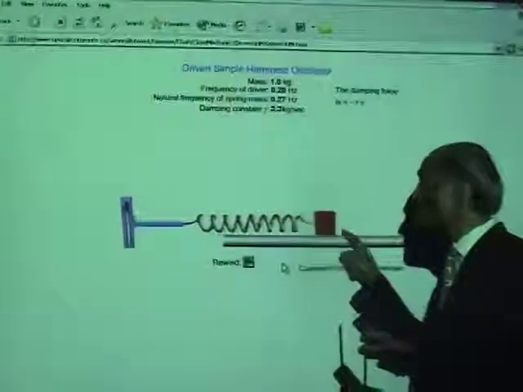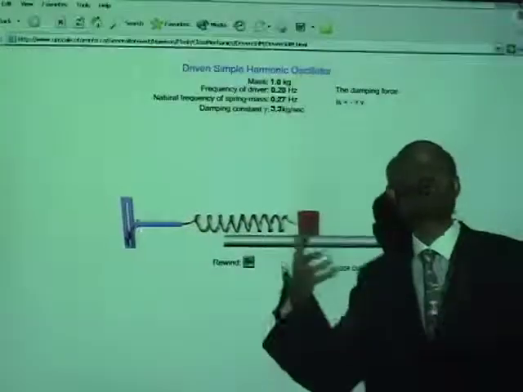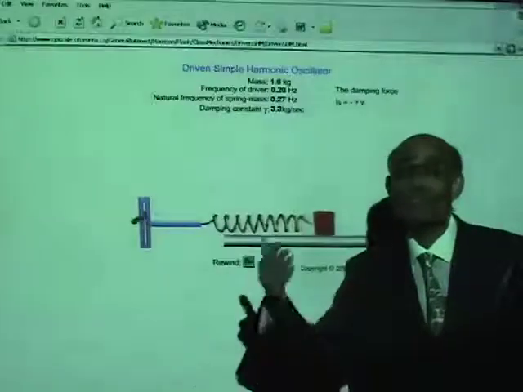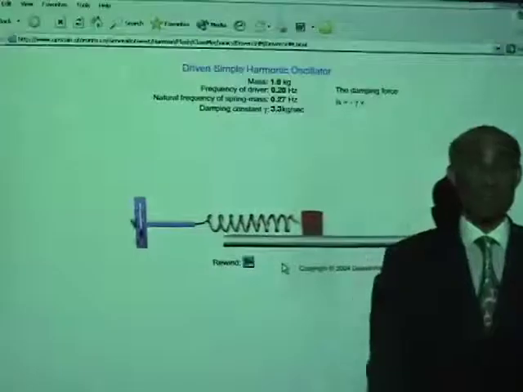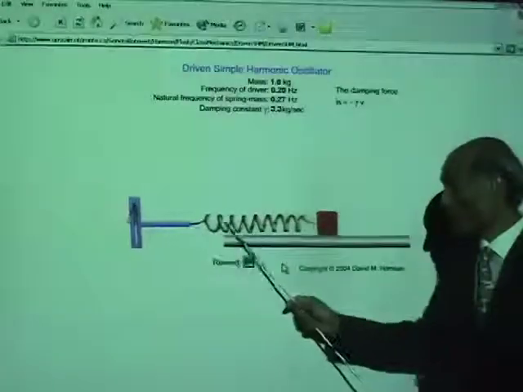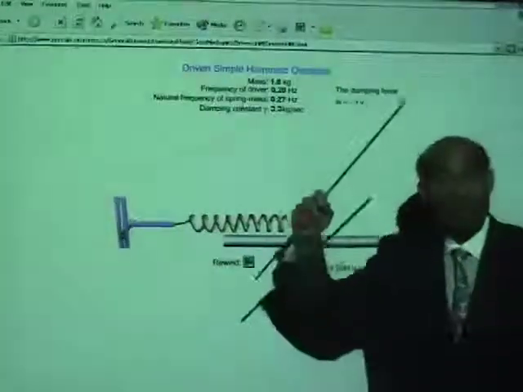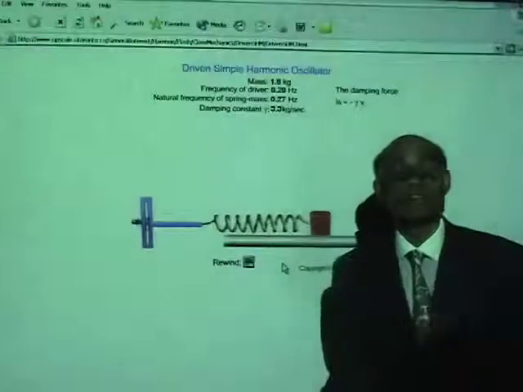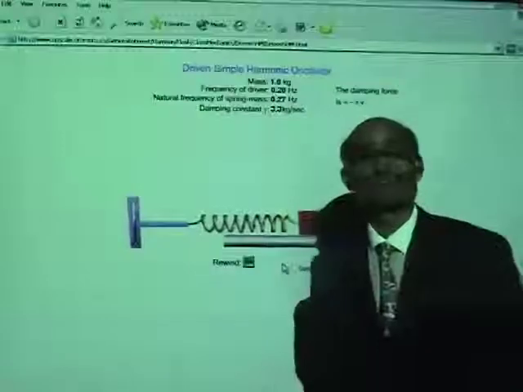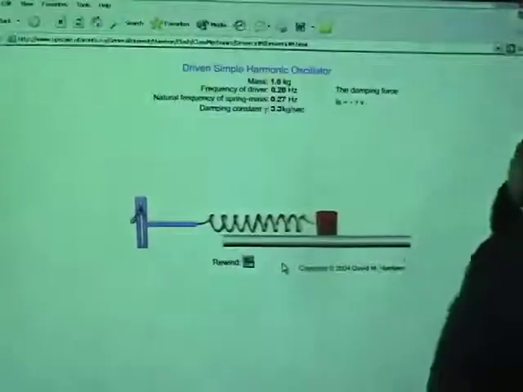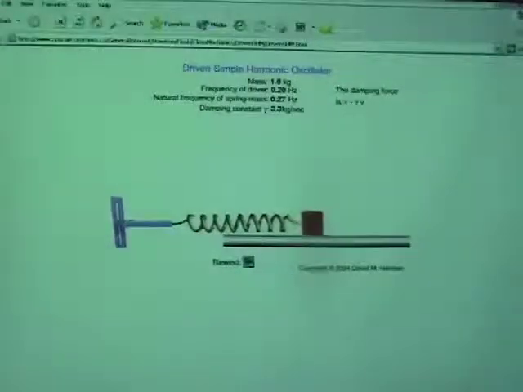Now displacement in this case will be measured as x equals a sine(omega t plus delta). So you can have a horizontal oscillation or vertical oscillation. Depending on whether the displacement is vertical or horizontal, we will use x or y to represent that.